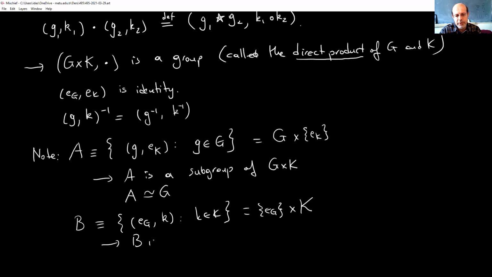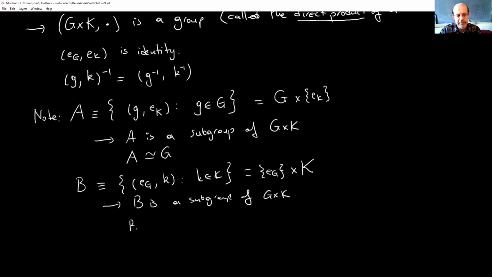Again, B is also a subgroup of G cross K, and moreover, B is isomorphic to K. These two groups are essentially the same; they have the same multiplication table. As a result, a direct product group somehow contains copies of these two groups as its subgroups. That's an important thing.